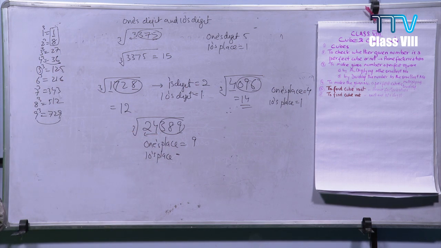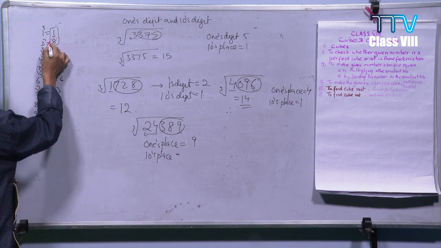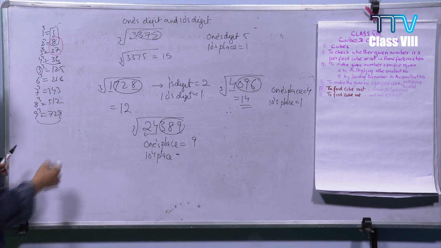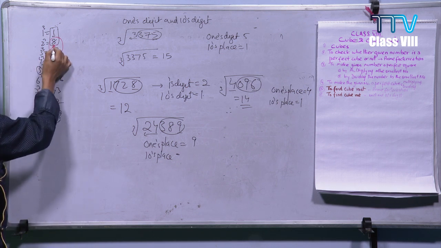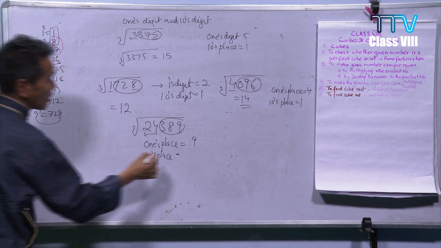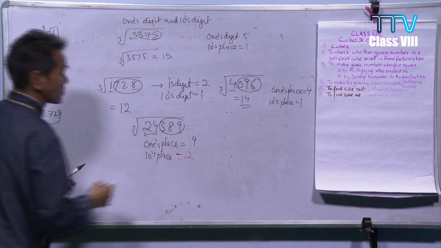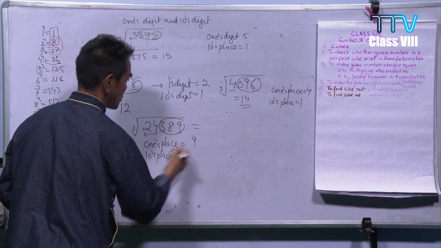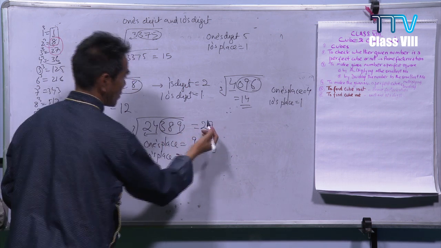The value: 8, 27 is greater than 24, so take 8. 8 is the cube of 2, so the tens place is 2. Then the number is equal to the tens place 2 and unit digit 9, that is 29.